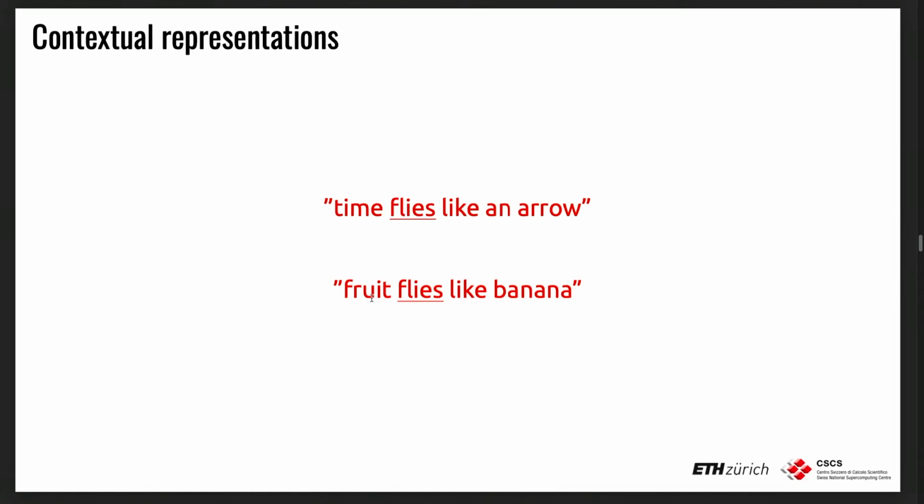Maybe for like it is more important that flies is before it, and fruit is not important. So maybe we can give the context to the embedding of like with more of flies, a bit of fruit, some of banana.